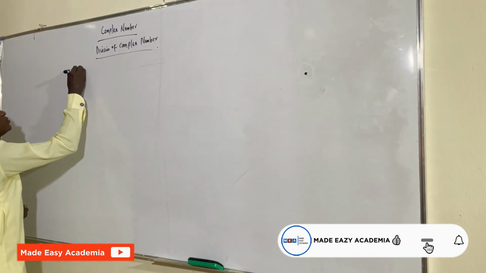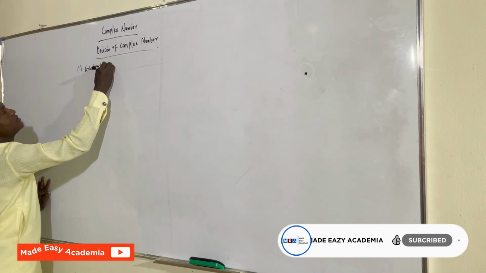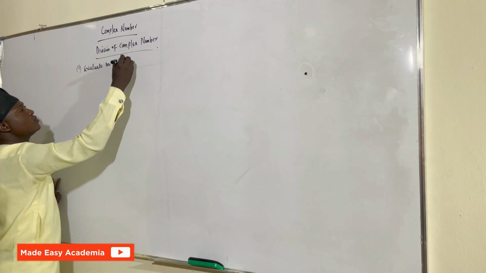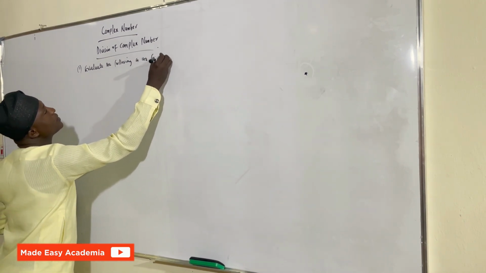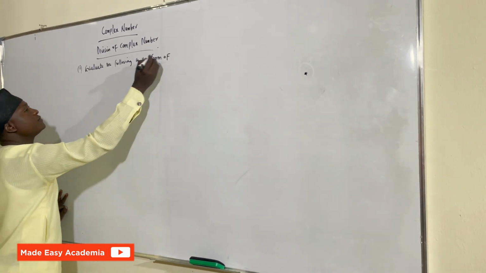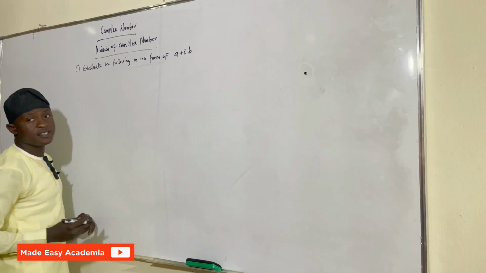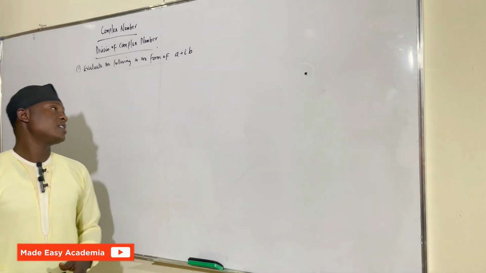So let's take a look at some examples. Evaluate the following in the form a plus bi, that is, one part for real numbers and one part for imaginary numbers.